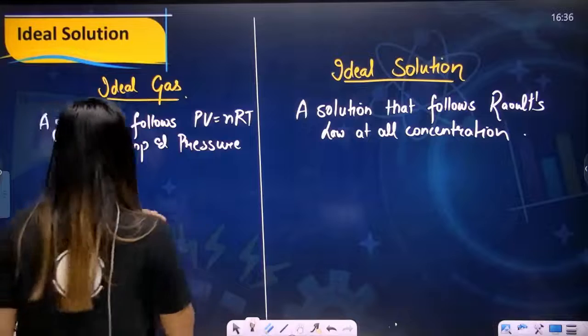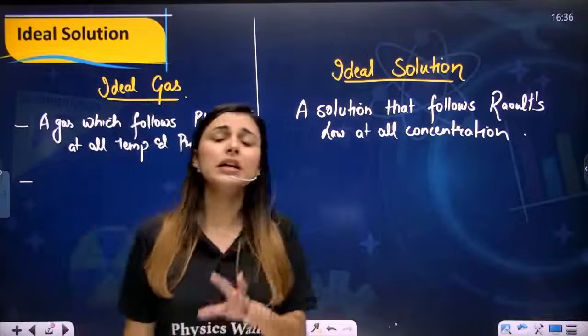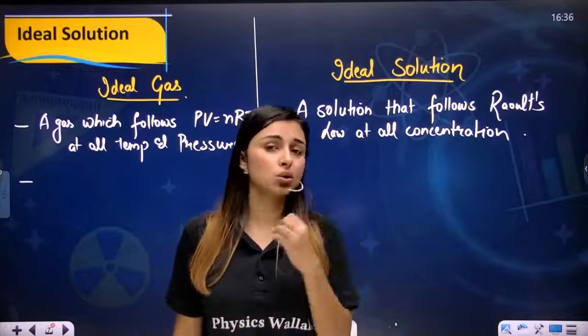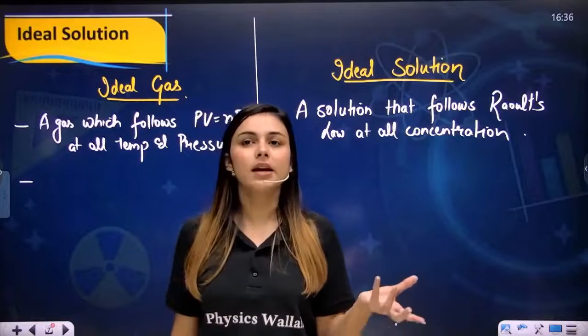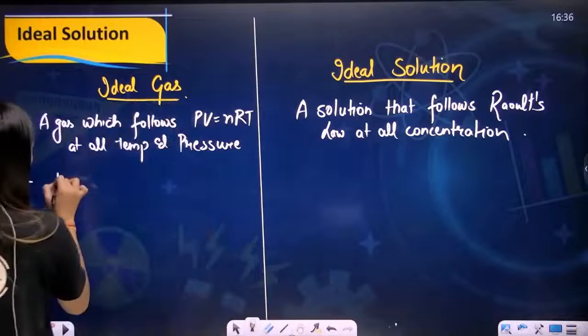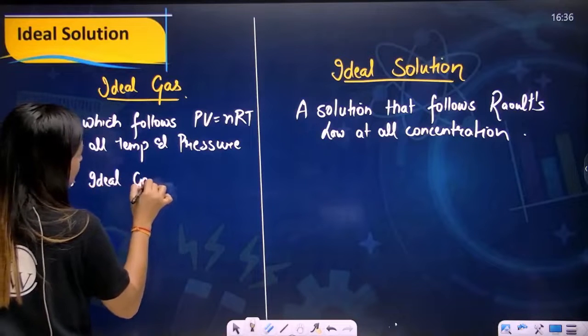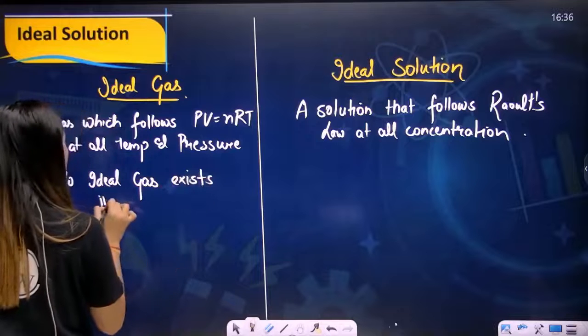Now, what other thing do we know about ideal gas? That in reality no ideal gas exists. There is no ideal gas in real life. There are only real gases, right? Yes, so no ideal gas exists in reality.